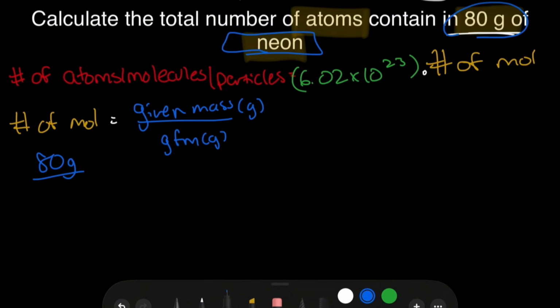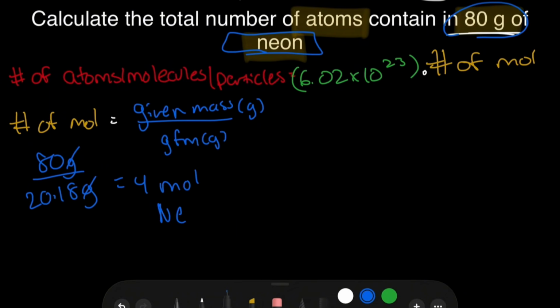And the GFM of what exactly? Neon. And since there's only one neon atom specified, we just look at the average atomic mass of neon, and the average atomic mass of neon is 20.18 grams. So now we can cancel out the grams, and we just do 80 divided by 20.18, and we're going to get around 4 moles of neon.